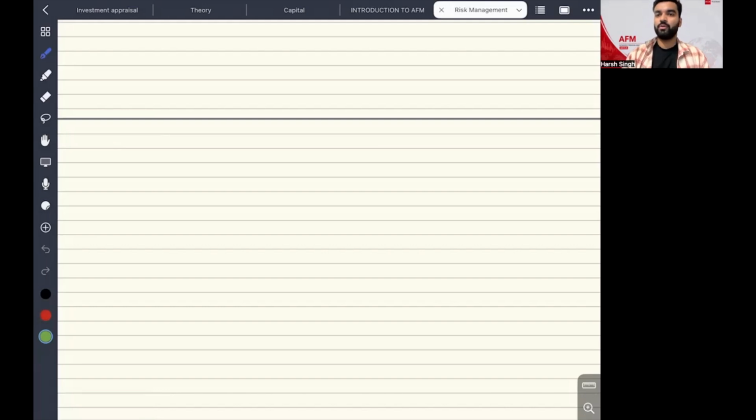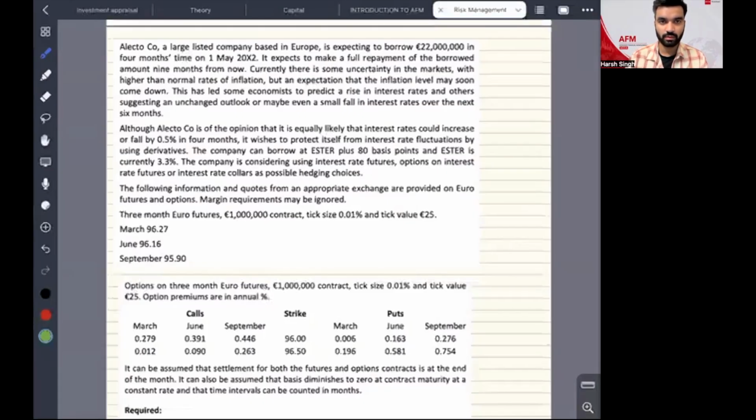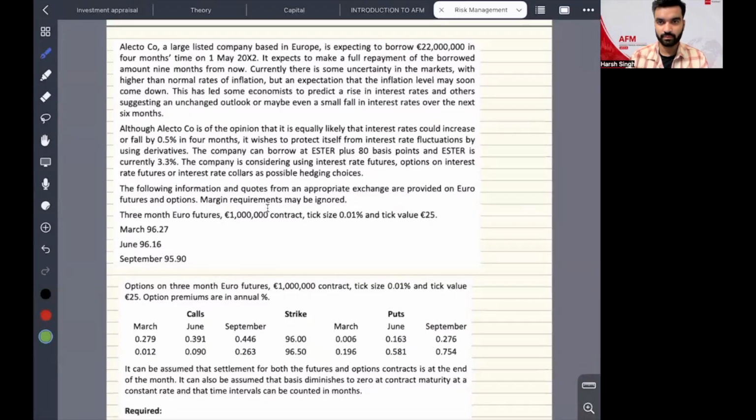Okay, so now I hope that the question is visible to you as well. I want you to please keep the formula sheet that we have created at one place because I'll be using that to solve this question.